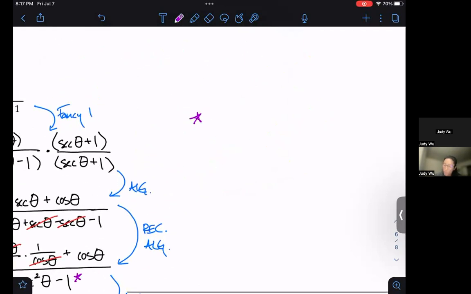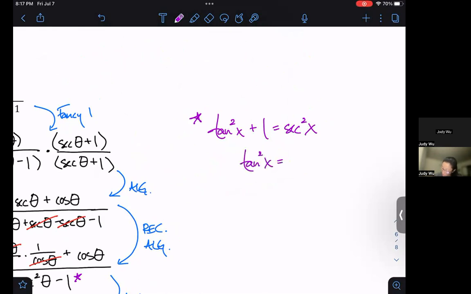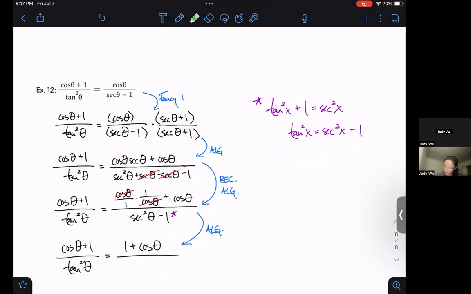So one of the Pythagorean identities that we learned is tangent squared x plus 1 equals secant squared x. But we can move things around in this identity. So what happens if I subtract 1 from both sides? I get tangent squared x equals secant squared x minus 1. What does this mean for us?